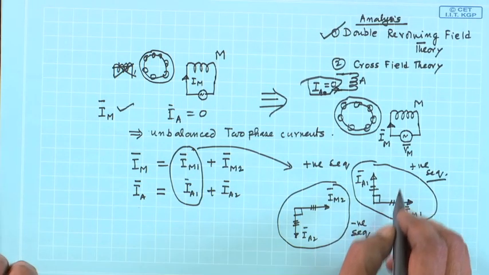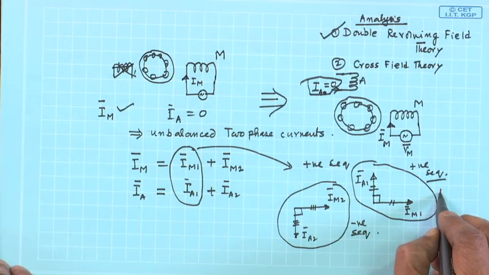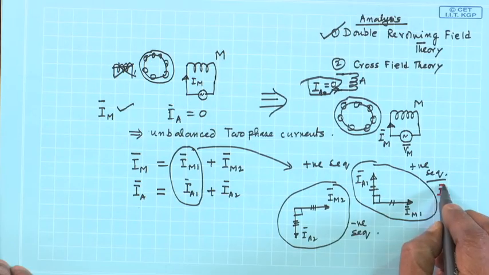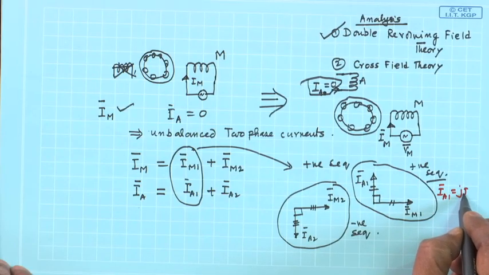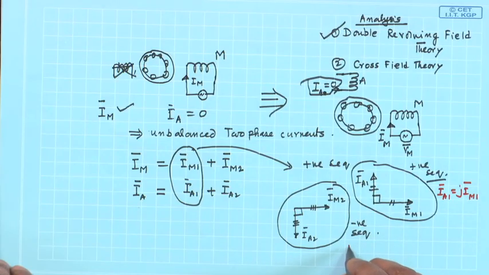Obviously, you can see that I A 1 will be equal to j into I m 1, 90 degree. Similarly, I A 2 will be equal to minus j I bar m 2. So, I put it here.